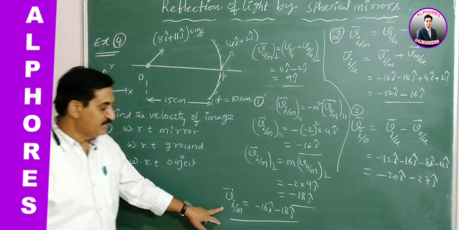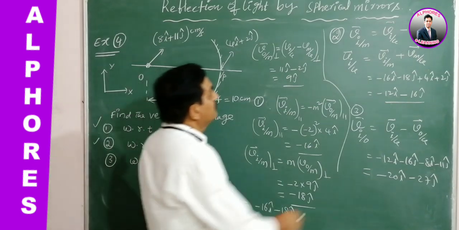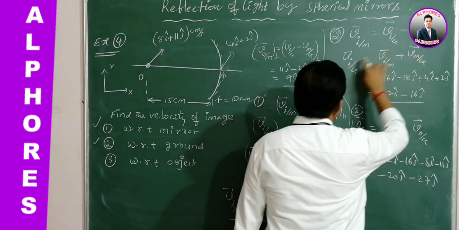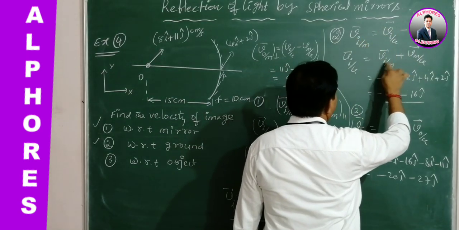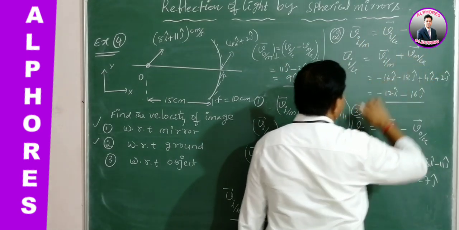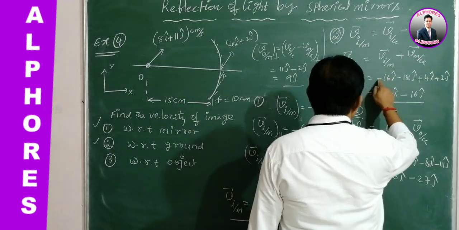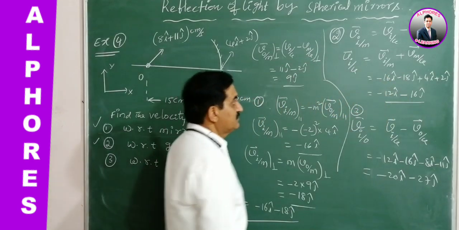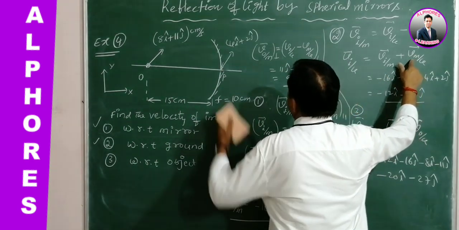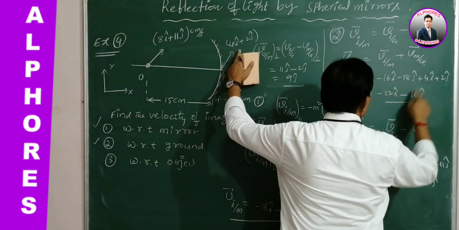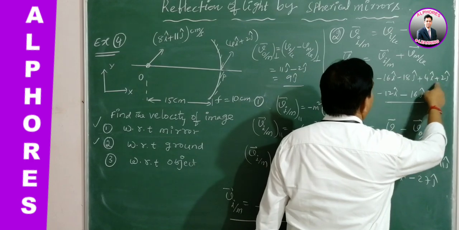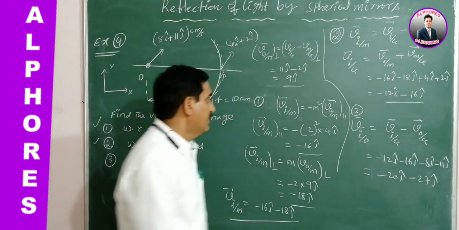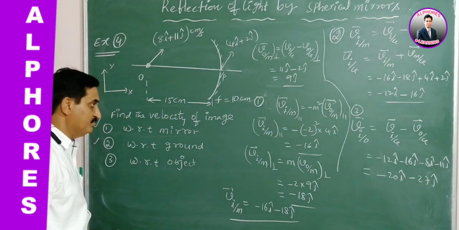So image with respect to mirror is over. And the image with respect to mirror formula is image with respect to ground, take this to this side, image with respect to mirror plus mirror with respect to ground. Image with respect to ground is already calculated, straight away substitute here. Mirror with ground is 4i plus 2j, so minus 12i and minus 16j remain. Clear?